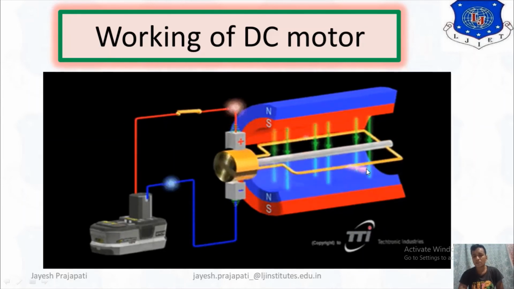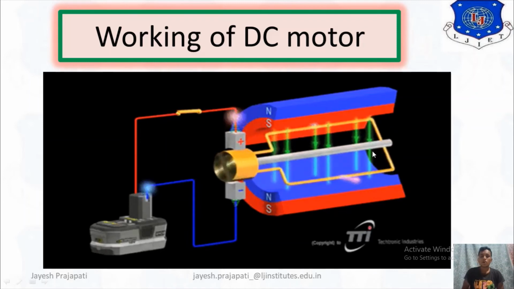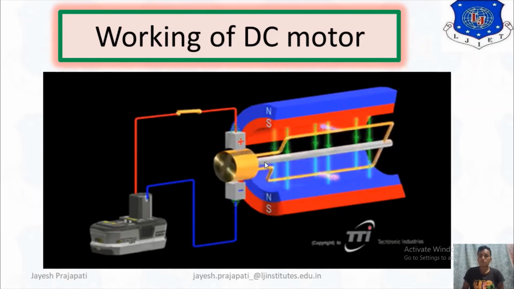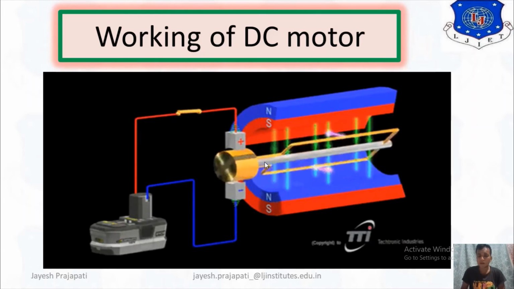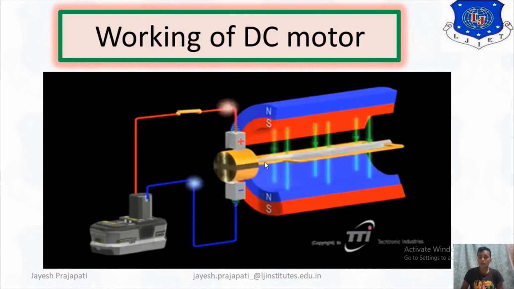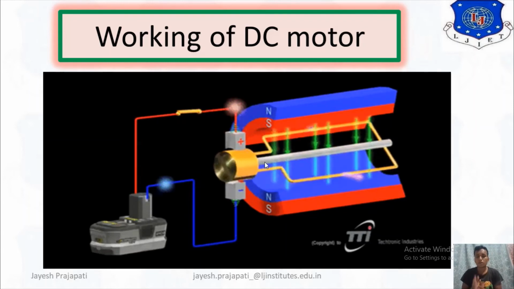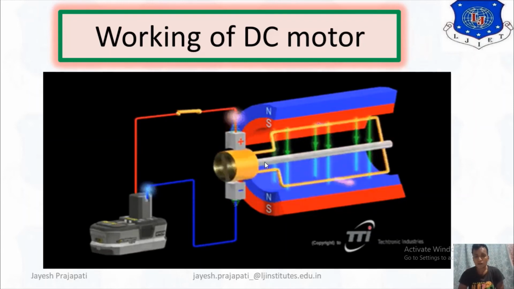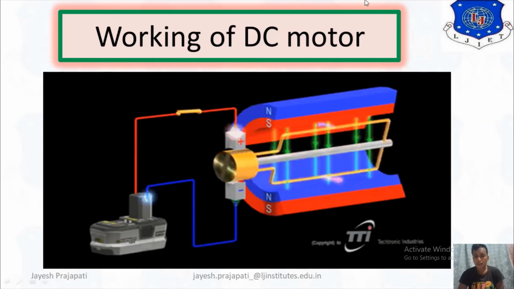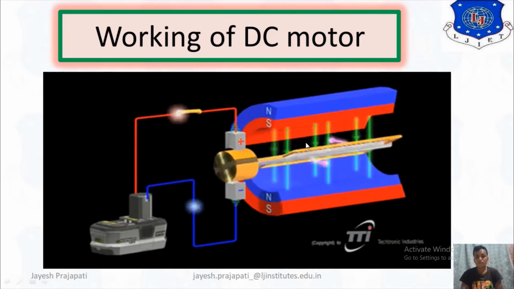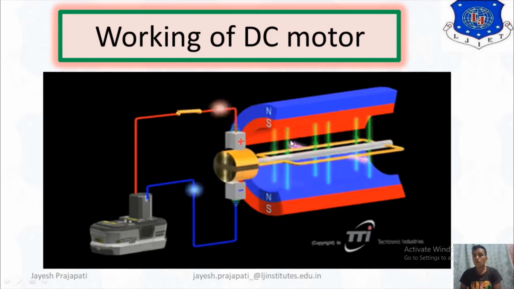The armature winding is also a magnetic coil, so by flowing current it also produces some magnetic flux and magnetic field. That magnetic field is cut by the magnetic field created by this pole, so it can produce some kind of force.